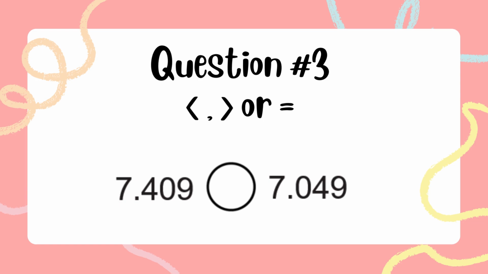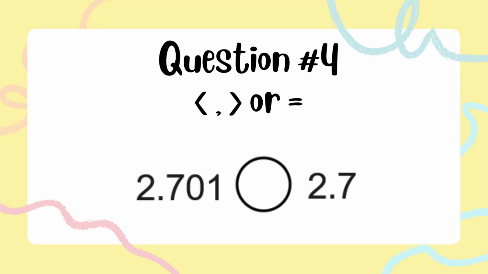Look at the place value to determine which number is greater than the other number. All right. Question number 4, 2.701 compared to 2.7. Again, pause the video, use your place value. Line up your numbers by place value and then compare.